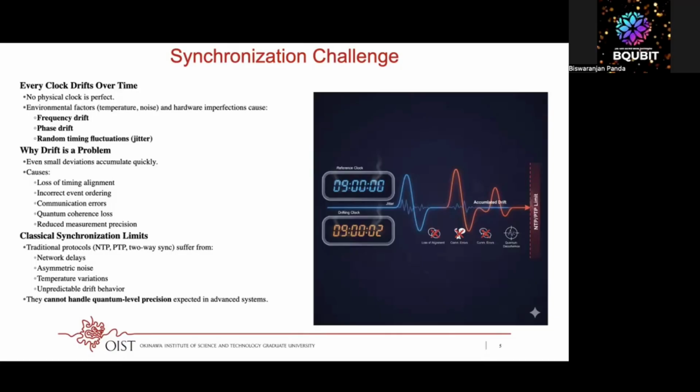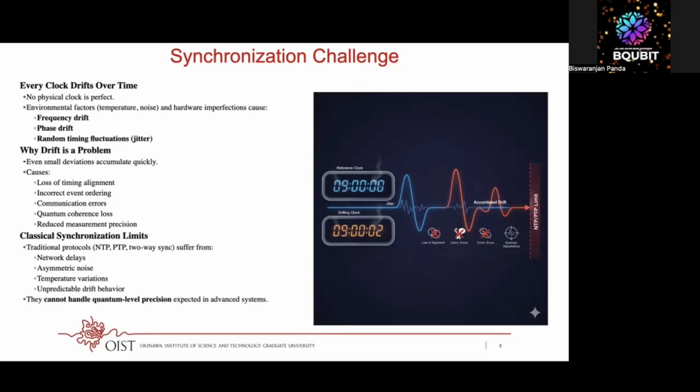Then temperature variations, as I have already explained, right? Why temperature? Temperature variations will happen. Then unpredictable drift behavior. Sometimes we don't know what the reason is for the clock drift. So sometimes some random noise will come into the picture.